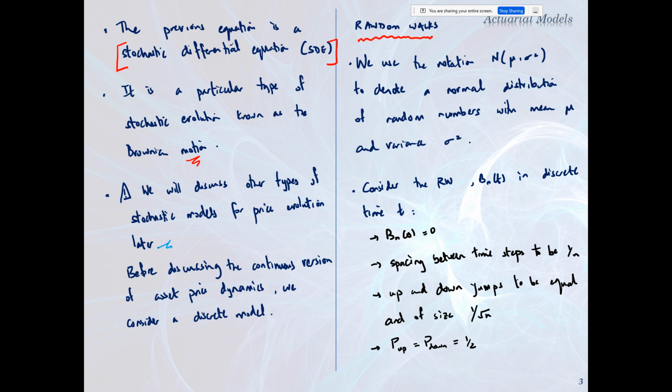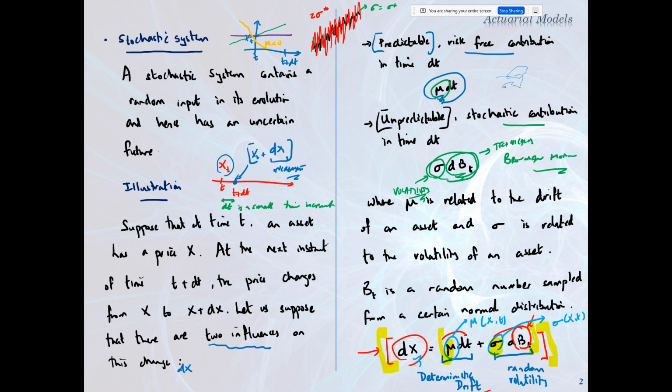Before discussing the continuous version of asset price dynamics, we will consider a discrete model. What we just presented to you is a continuous time model, so it is defined on the continuum of the time axis.